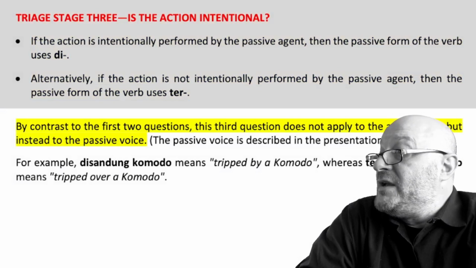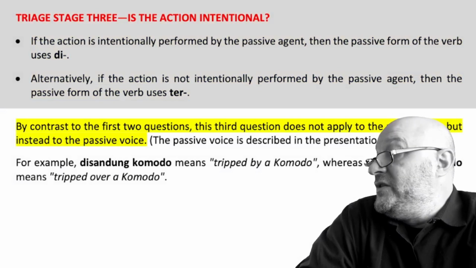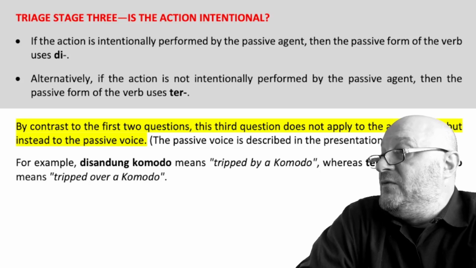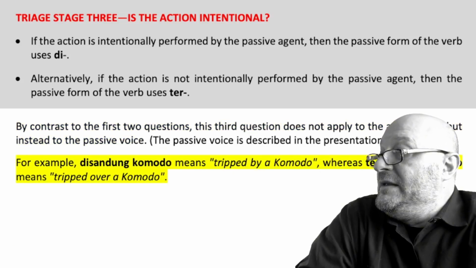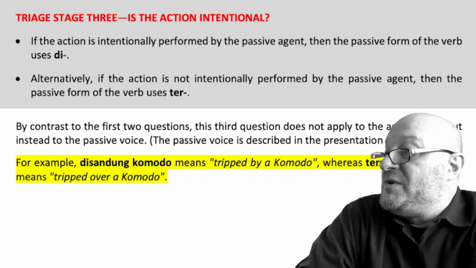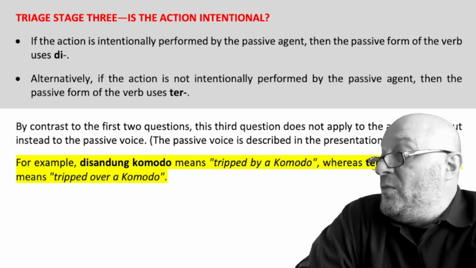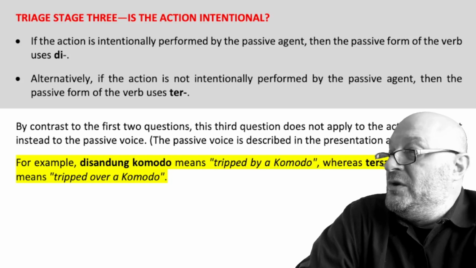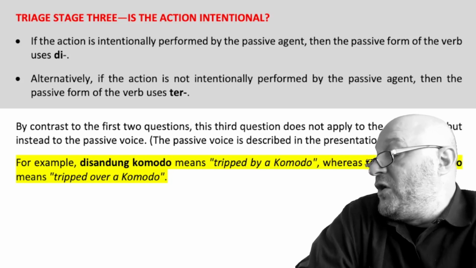By contrast to the first two questions in the triage, this third question does not apply to the active voice, but instead to the passive voice. For example, disandung Komodo means tripped by a Komodo. The Komodo did it on purpose. Whereas tersandung Komodo means tripped over a Komodo.